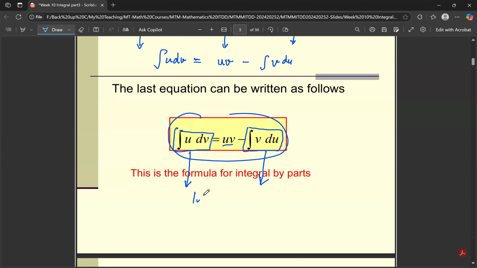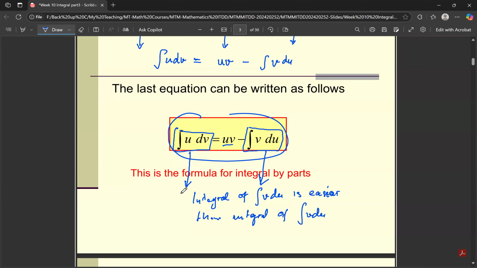So the integral of v du is easier than the integral of u dv. Yeah, it's the idea.